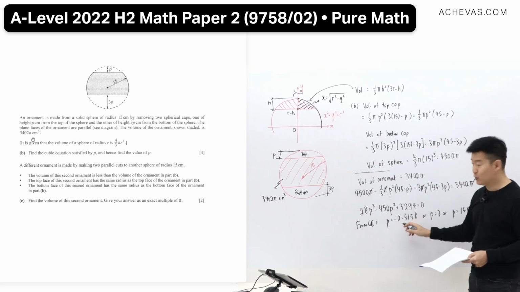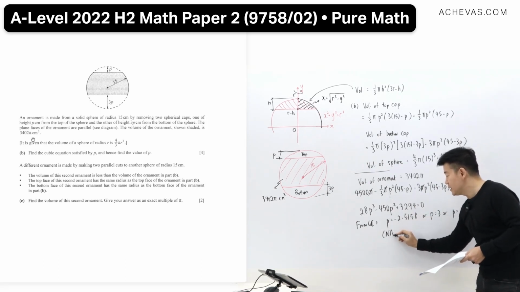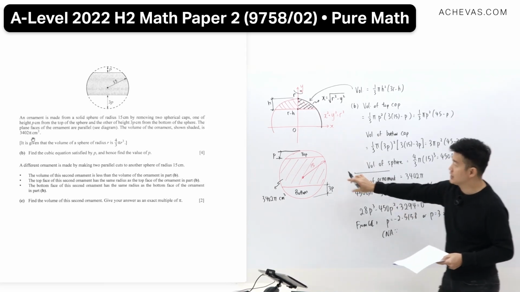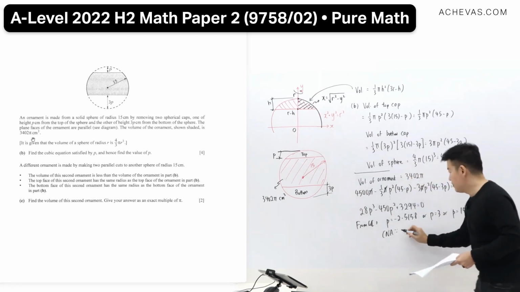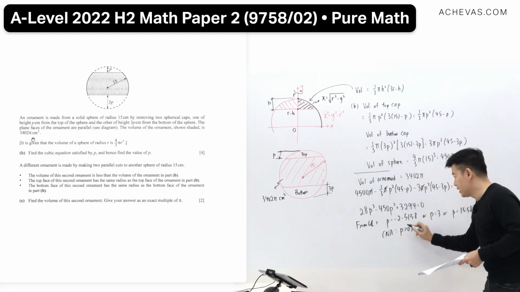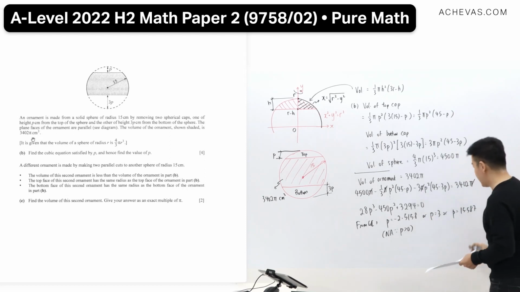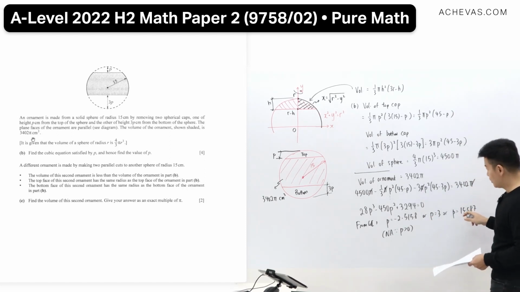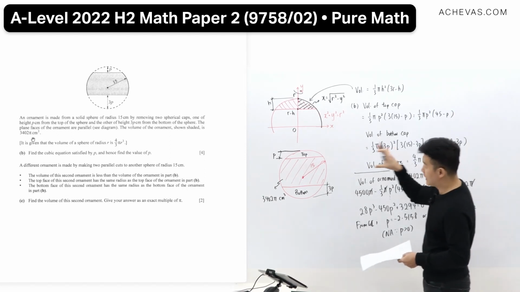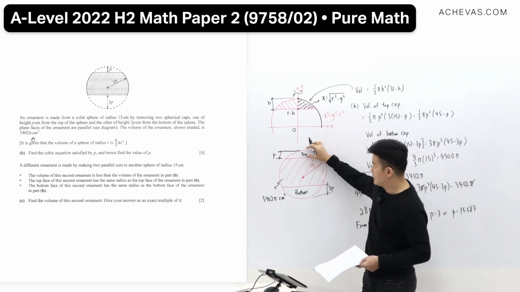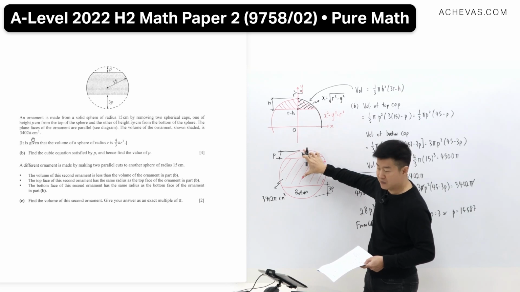Okay, I think this is easy to reject. So why is this rejected? Because p, which is the height of the cap, must be a positive number. Okay, so I'm going to be rejecting a negative number, but should we be accepting this or rejecting this? If you were to look at the diagram that is given to us, right, this is the top cap, this is the bottom cap. 15 is going to be this, the radius of the sphere.